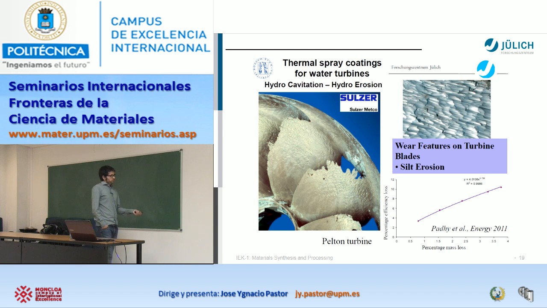More examples, not only high temperature, also hydro erosion. Of course, there is a lot of friction in this part of the metals, and if it's without any coating, the material finally, after several hours, fails. This is from a company. And then, here the idea is to coat the material to avoid this erosion in the blades.